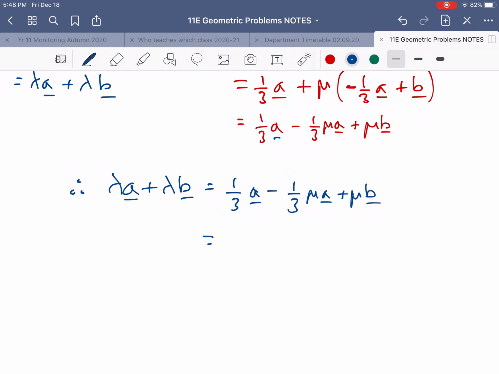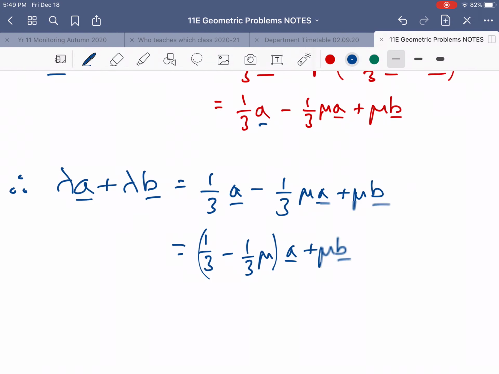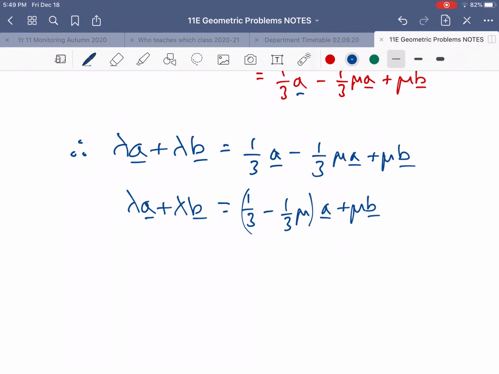Now, just to make it easier to spot, I'm going to factorize the A out here. And we know the same number of A's. So on the left I have lambda A's.